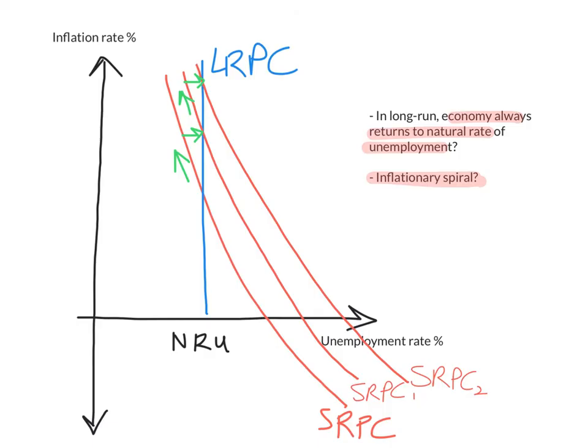So this will shift the Phillips curve outwards, which will cause the average price level to rise even further. And then if you have any more demand pull inflation, this will cause the short-run Phillips curve to shift to SRPC2. So basically, whenever there's an inflationary spiral, it can be shown by subsequent movements up the short-run Phillips curve, followed by a movement to the right, and then another upward movement and a movement to the right, and so on. Because the unemployment rate will usually, in the long run, return back to the natural rate of unemployment.